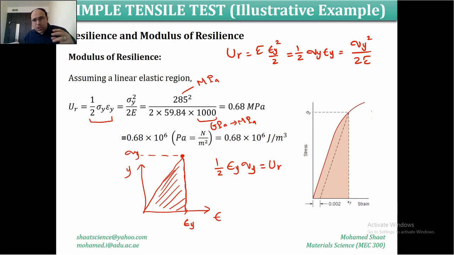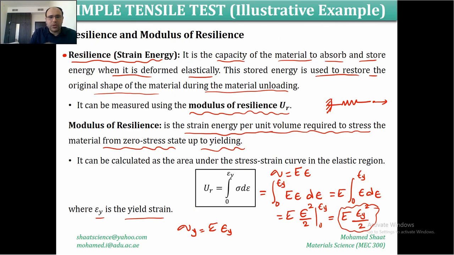So this means that the modulus of resilience, we can deal with it like it is a stress. But it's going to be a fluid definition of the modulus of resilience, because the definition of modulus of resilience should be strain energy per unit volume. So this indicates that stress has another definition, that it is energy per unit volume of the material, like the modulus of resilience.